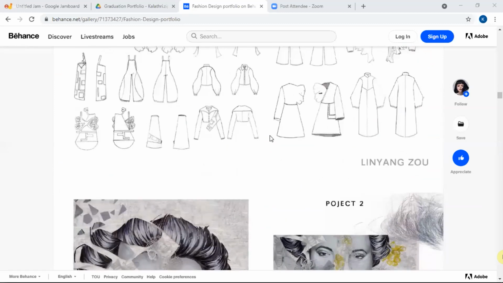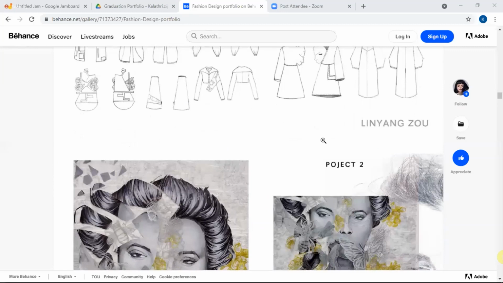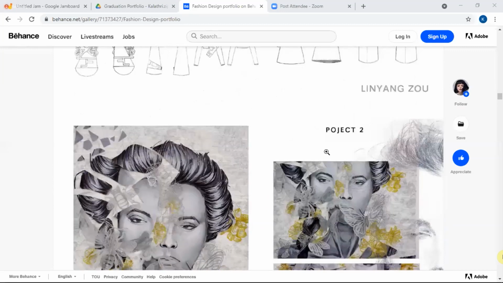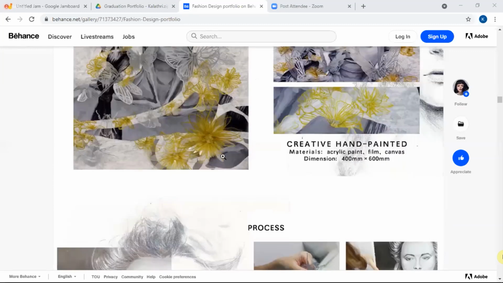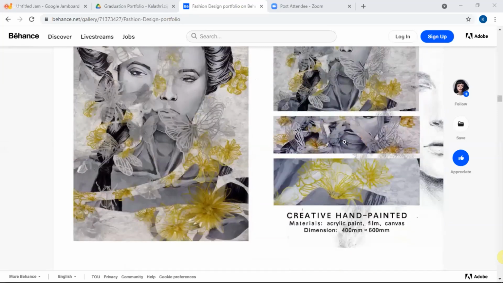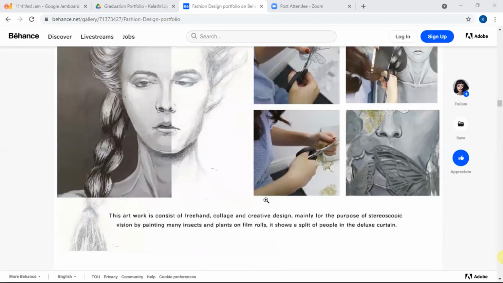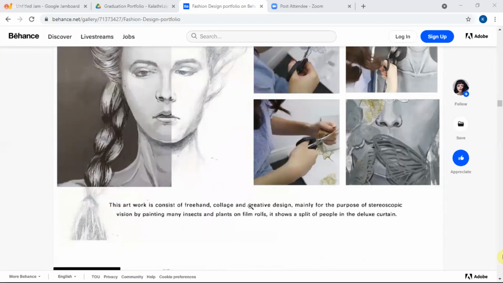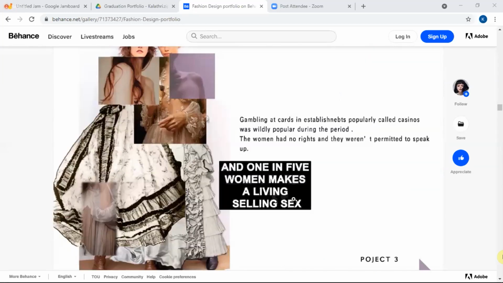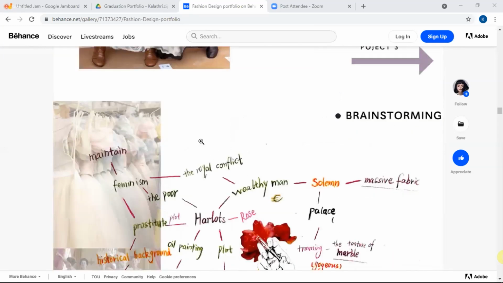I think this should be a student project. Then again another project. This is the research, concept development, the research.